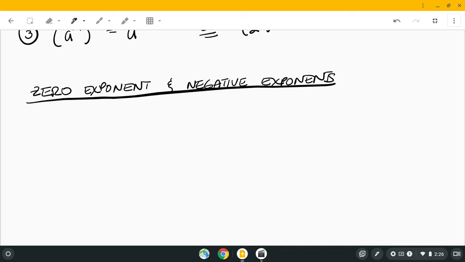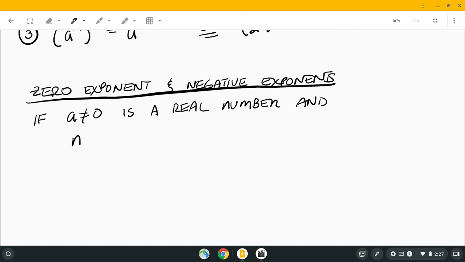Okay. So let's suppose we have a base a, but it's not 0. And suppose a is a real number, as opposed to an imaginary number. And for simplicity's sake, let's make n a positive integer.